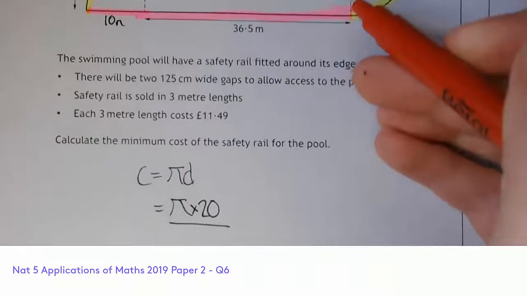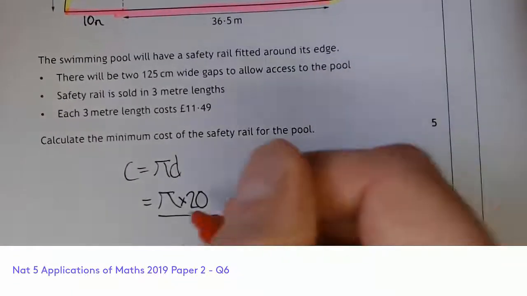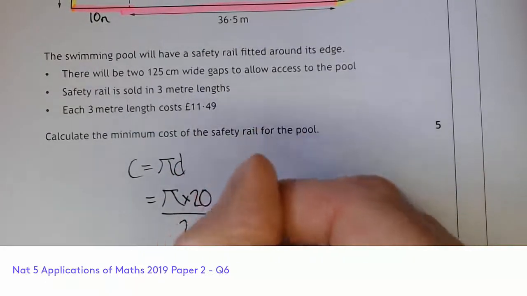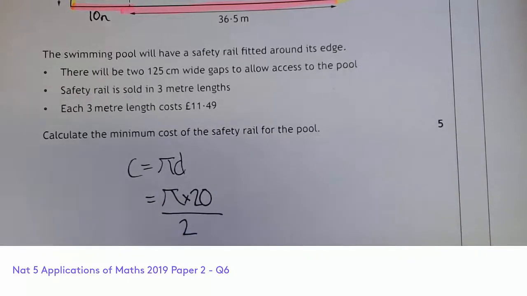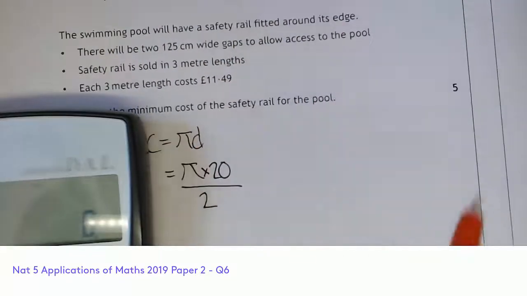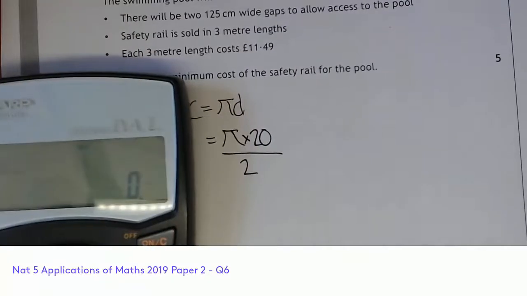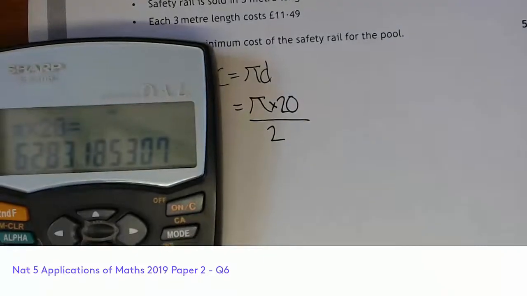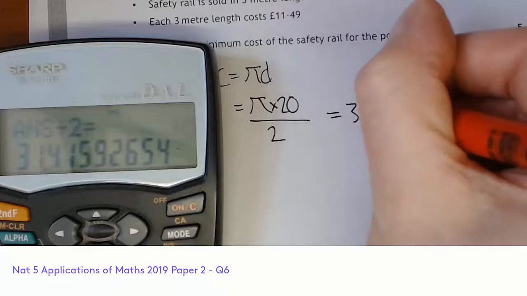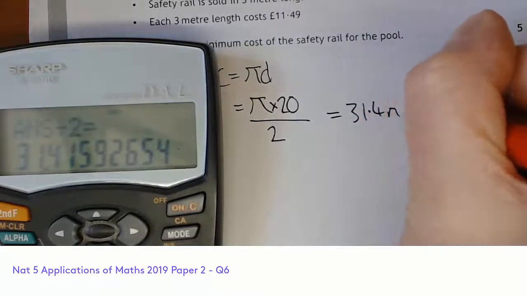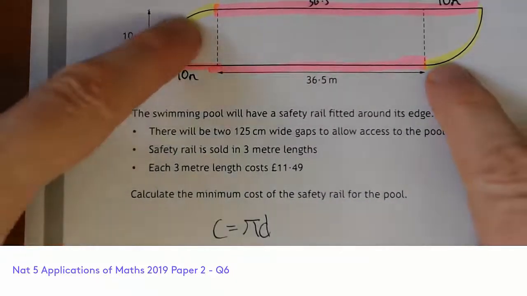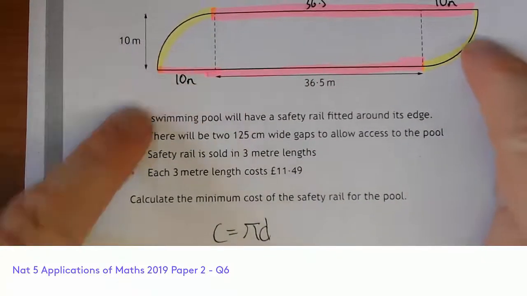The 2 quarter circles combined together make a semicircle. So if you work out the circumference of the circle and divide that by 2, that's going to give you the perimeter of the 2 quarter circles. So pi times 20, divided by 2, is equal to 31.4 meters.